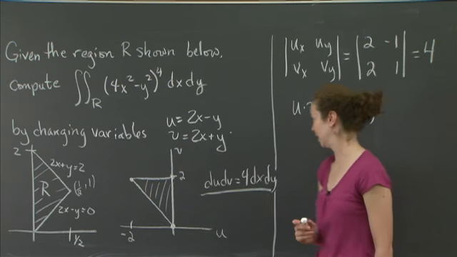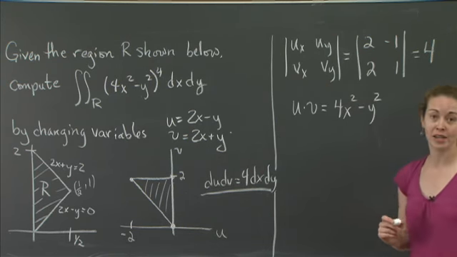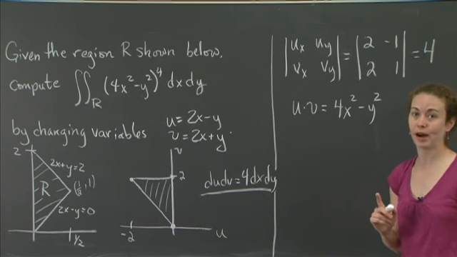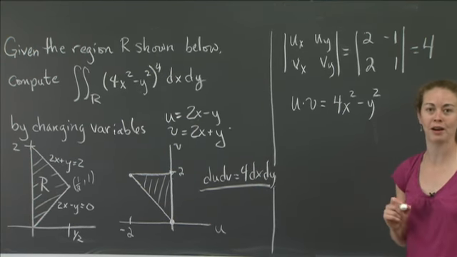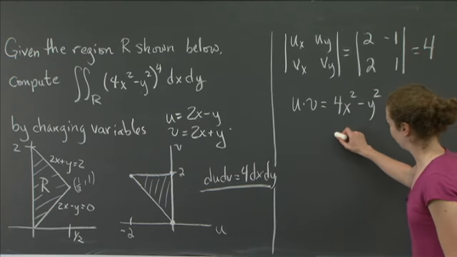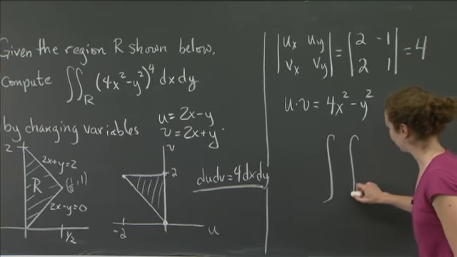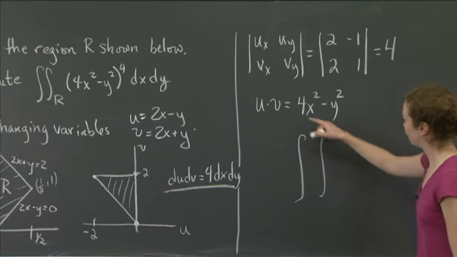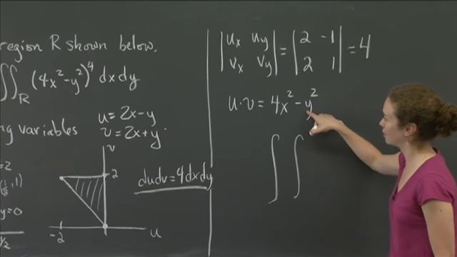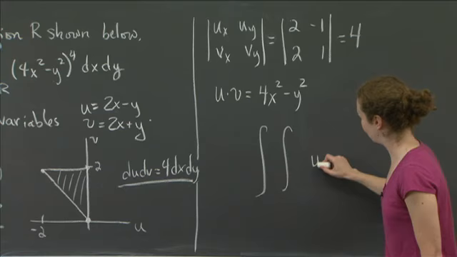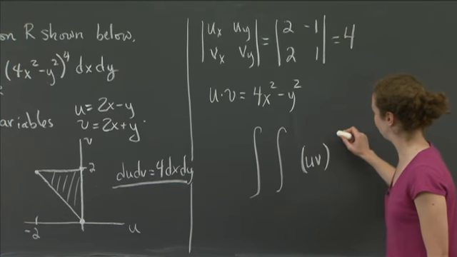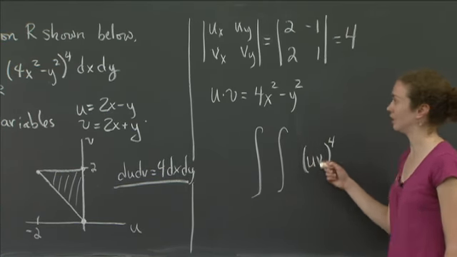So I'm almost done. So let me write in the pieces I know, and then we'll fill in the last 2 spots, or 4 spots, which will be all the bounds on the integral. So I'm going to write it here, give myself some space to write the bounds. And then, I'm replacing the 4x squared minus y squared by uv. So I'm going to get u times v. And then the function is raised to the 4th in the initial problem.